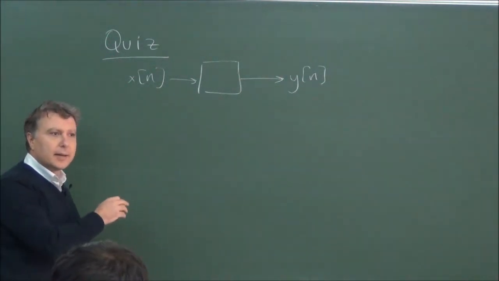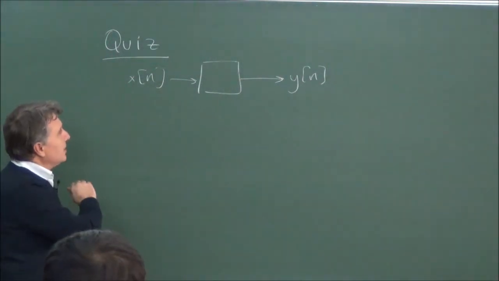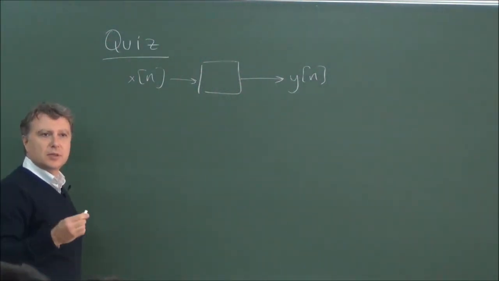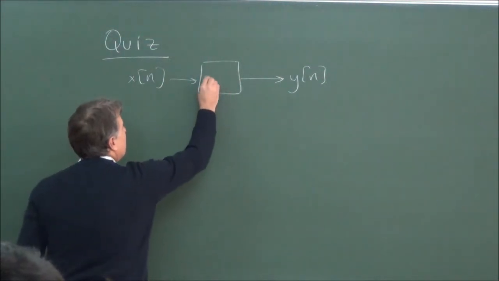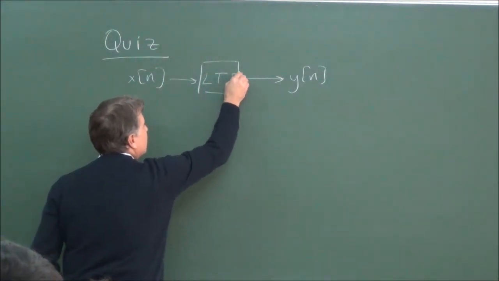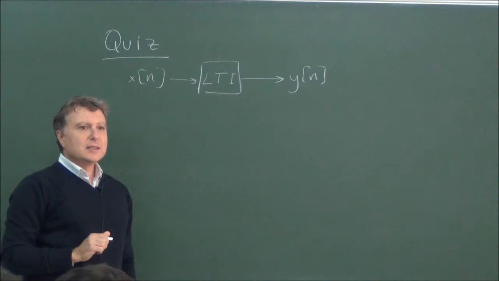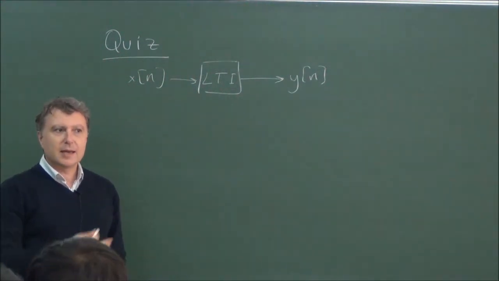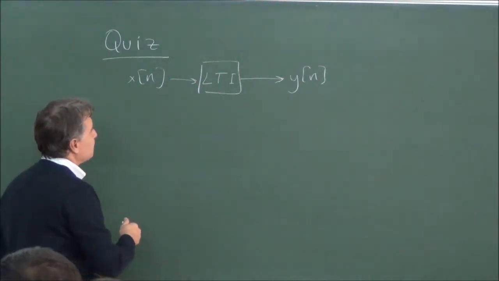This is a discrete time system which has the property that we have mentioned in the previous hour, which is linear and time invariant. So this is a system which shows the linearity property and the time invariance property. In short, it is linear and time invariant.